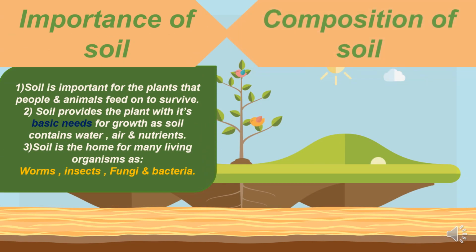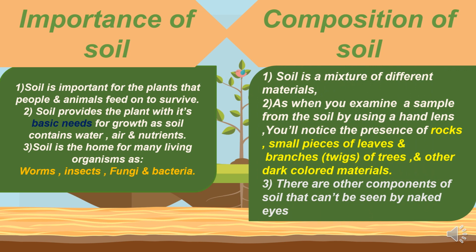Now, primary 6, we're going to talk about two important points related to the soil, which are number 1, composition of soil, and number 2, importance of soil. If you want to talk about the composition of soil, if I ask you what the components of soil are, I'm going to find that the soil is just a mixture of different materials.